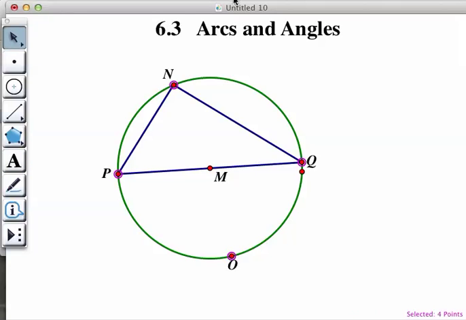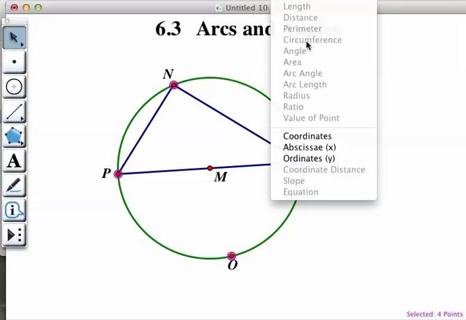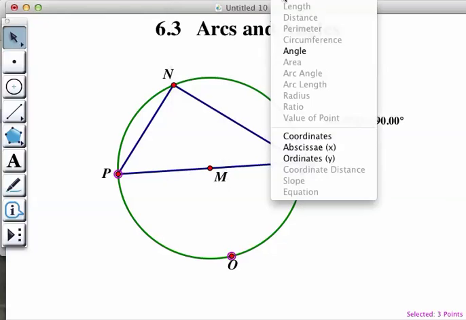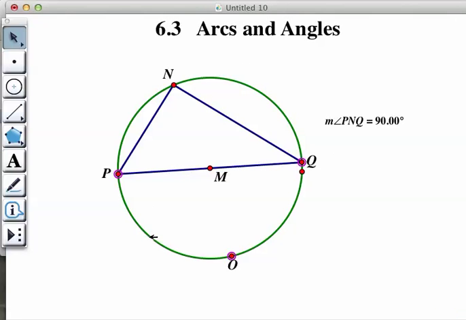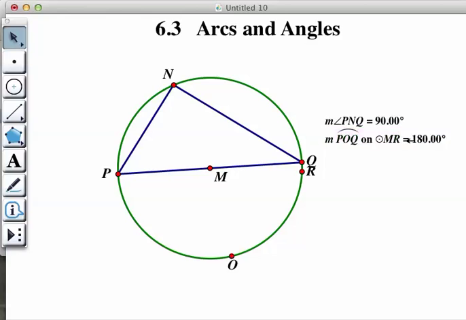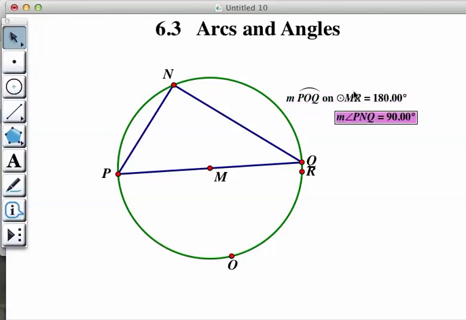So what should the measure of angle PNQ be? Well, if we recall, the arc measure of a semicircle is 180 degrees. So the angle measure should be 1/2 of 180 degrees, or 90 degrees.